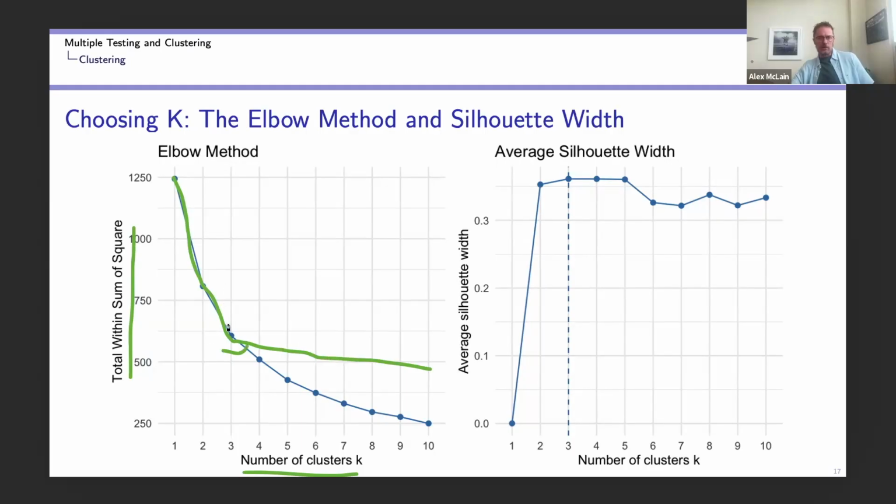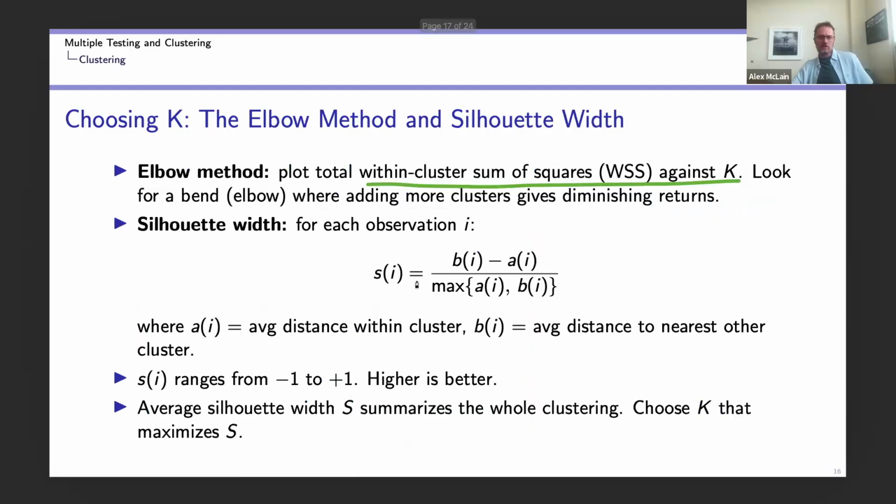You would say, all right, well, there appears to be an elbow there, so that kind of juts out a little bit. This is the number of clusters that I would choose. However, when you do this, a lot of times there's not a clear elbow. And so there's that, and it's a little bit subjective using the elbow method.